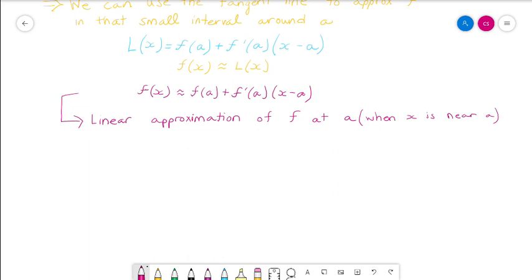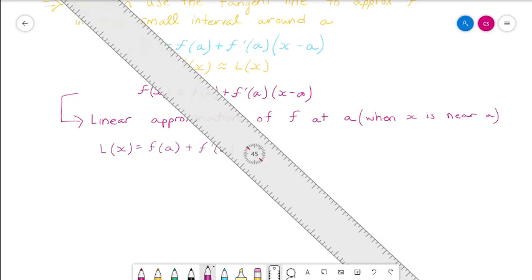This is also kind of the same terminology, but it's always a little bit different. When we're talking about L of x, I'll bring back that formula that I had up here in blue. This is called the linearization of f at a.